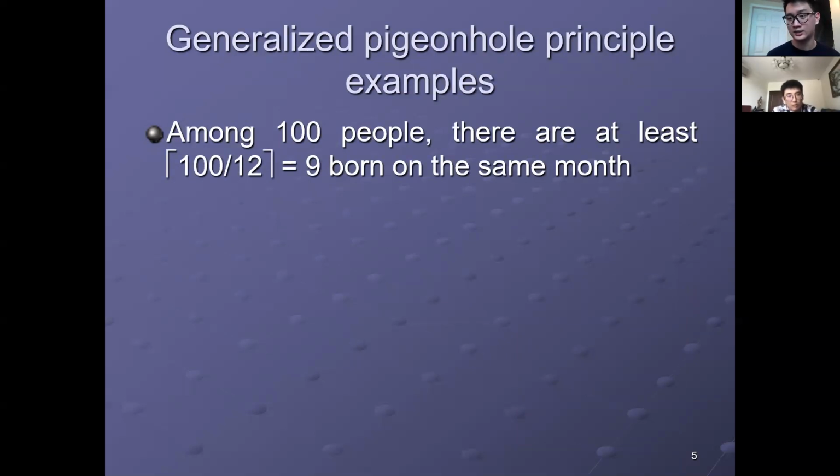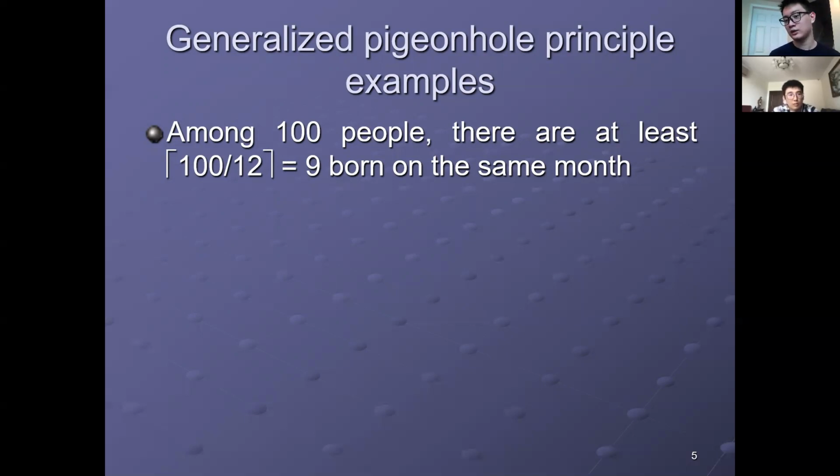Logically, if you think about it, say we want to prove it by contradiction. We assume that for the first 11 months, we don't let this be true. So let's say each of the first 11 months has 8 people in it: 8 for January, February, March, and so on until November. How many people would that be? That would be 88 people.